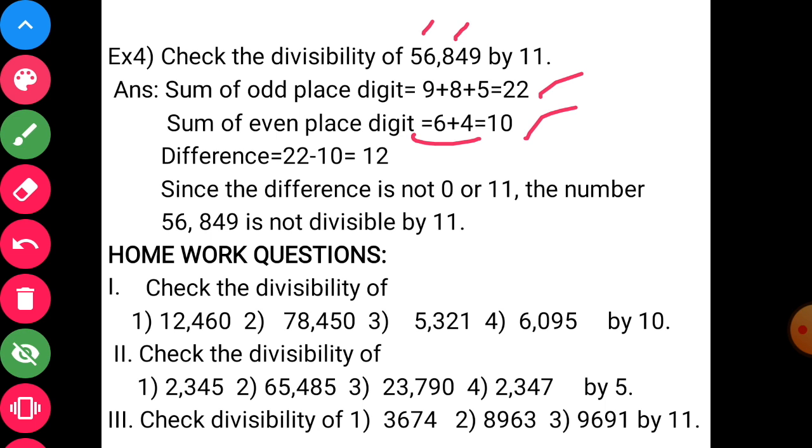Here the difference, what is the difference? 12. Since the difference is not 0 or 11, what is the rule? We have to get 0 or 11 here, the difference. But here we got 12. Therefore, the number is not divisible by 11. Like this, you have to find out the divisibility by 11.